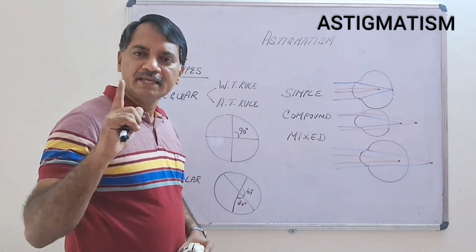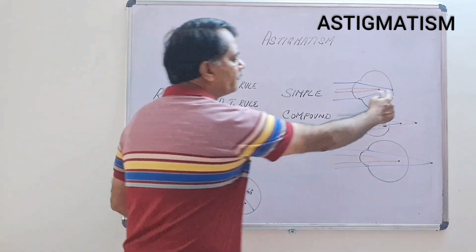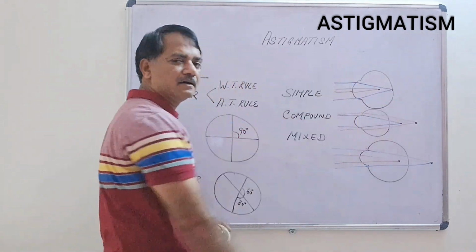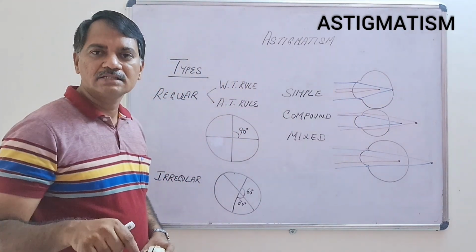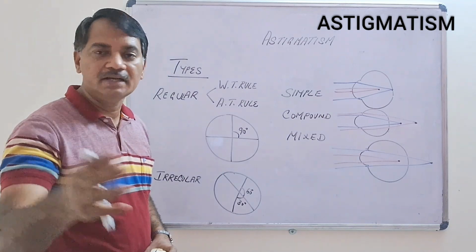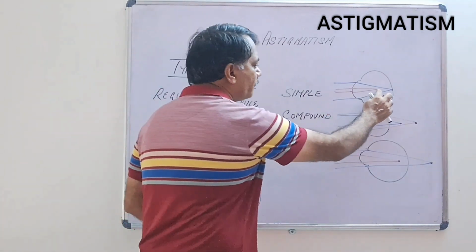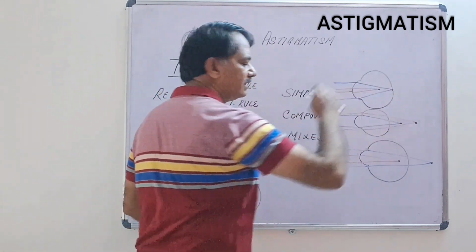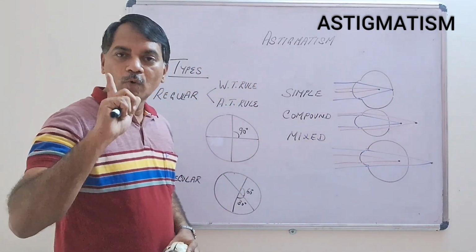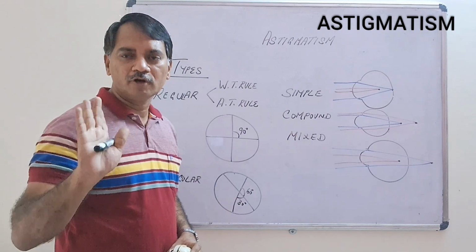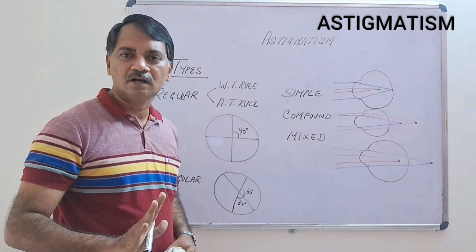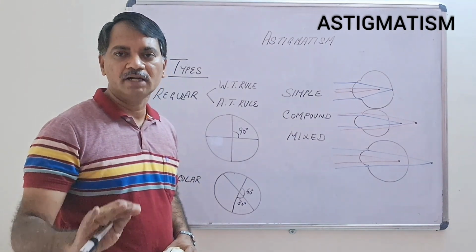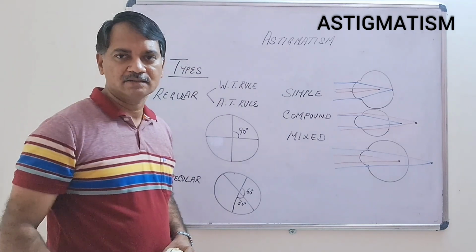The light rays coming in one meridian get focused on the retina. The light rays coming in the opposite meridian get either focused in front of the retina or behind the retina. So, when one group of rays is getting focused on the retina, the other group does not get focused on the retina. That is called simple astigmatism.